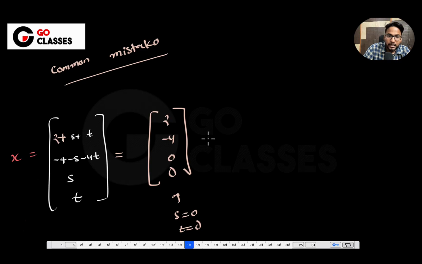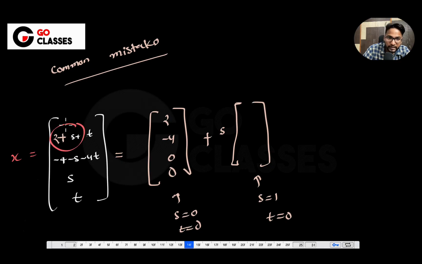Yeah, that is fine. But simultaneously you put in this only, and that will be a problem actually. You put s equal to 1 and t equal to 0, and then you say this is the factor of s. So if you put s equal to 1, then it will be 2 plus 1, which is 3. And then it will be minus 5, then 1 and 0. So it will be 3, minus 5, 1, 0, plus t.